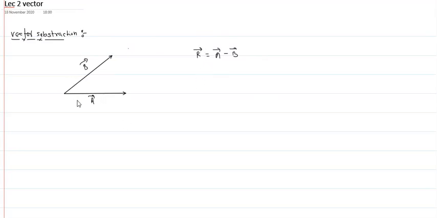So now my question is, how to subtract these two vectors? Simply, you can write this in another way: A vector plus of minus B vector. So what is the minus B?